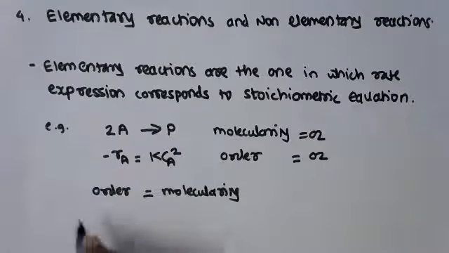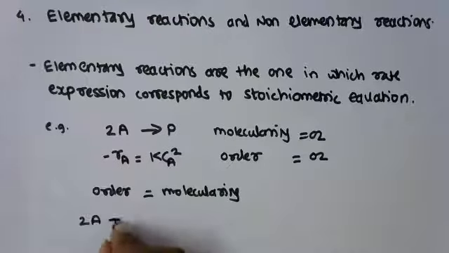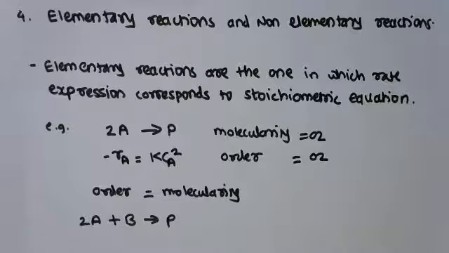Take another example. 2 moles of A react with 1 mole of B to give a certain product P. Now here 2 molecules of A are reacting with 1 molecule of B. The simplest way of calculating the molecularity is to take the sum of stoichiometric coefficients. Here the stoichiometric coefficient of A is 2, and of the other reactant is 1.